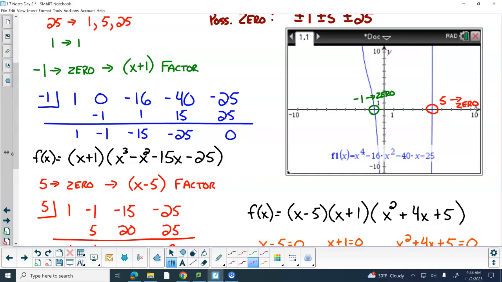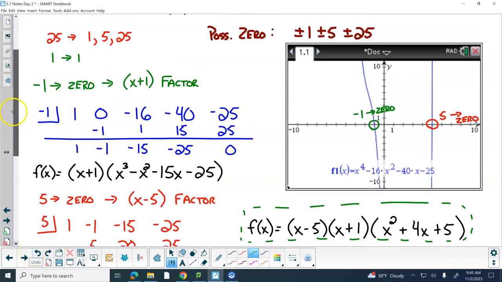If we would have gone with 5 first instead of -1 here, we would have gotten a different factor on the big long factor. But once we did the -1, then this one down here would be the same for both, no matter what. So the paths would diverge, but they would reconverge right there, and everything else after.